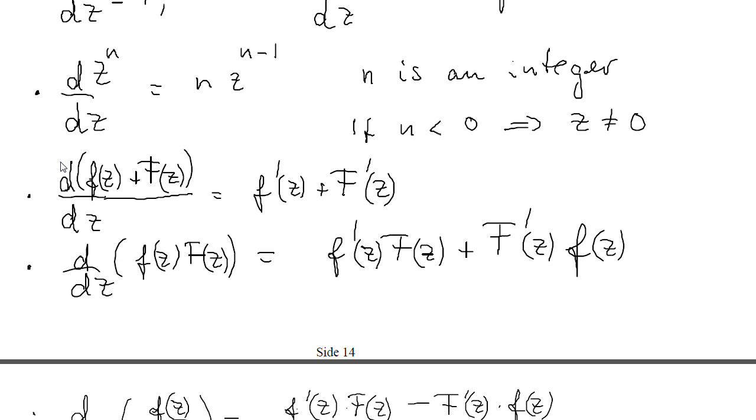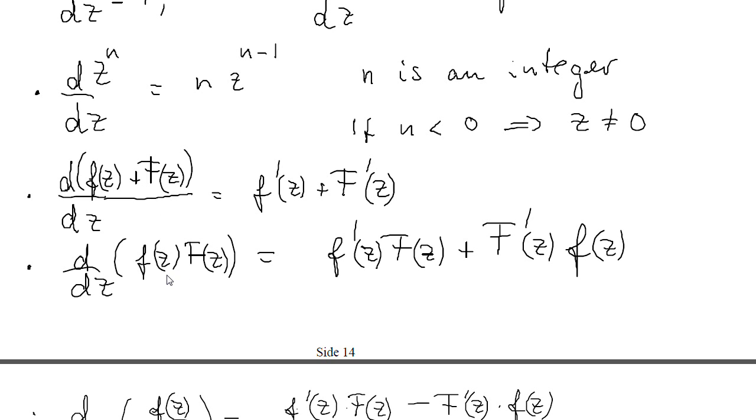Well, if we take the derivative of a sum of two functions, then it does not come as a surprise that this is exactly the same as taking the sum of each of the derivatives.